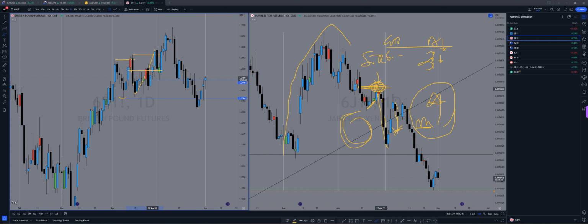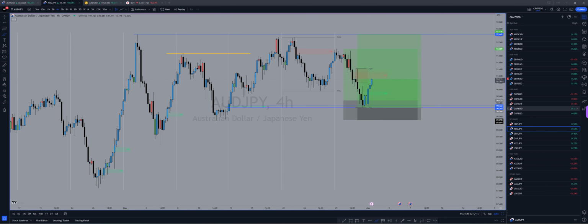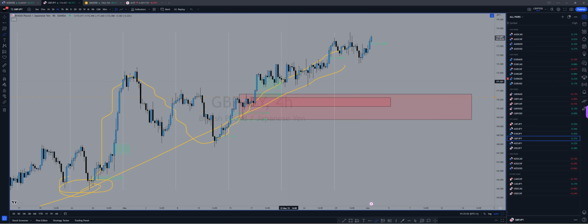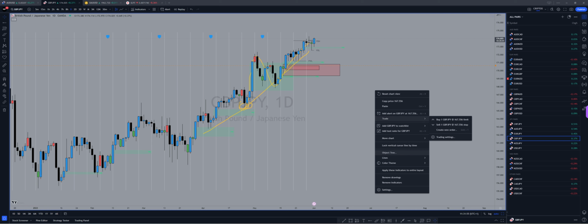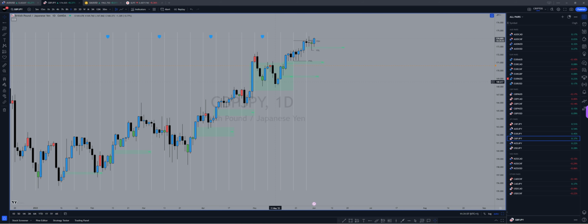So if you look at that particular date from the 26th, let's go to pound yen. So 26 going will be, let's remove all of that, 26 here.